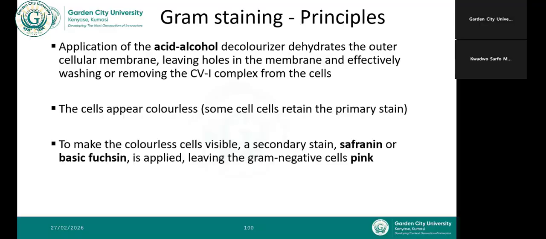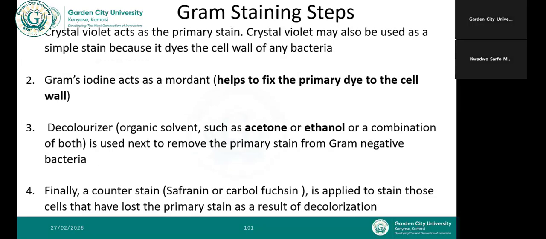So you wash with water. Water is not a decolorizer. So tap water will only remove excess stain on the smear. You dry and then you observe under the microscope. So that's the principle. Is it clear, please?